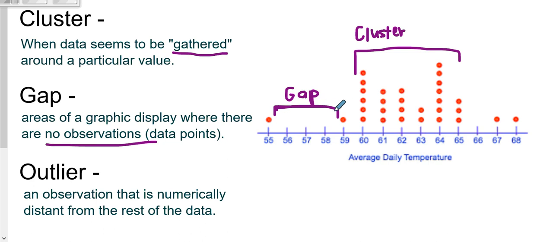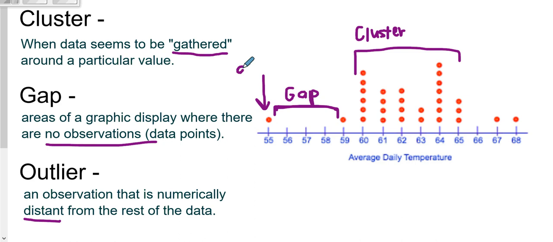Okay, and then the outlier would be an observation that is numerically distant from the rest of the data. And we've talked about that before. You know, if someone is a liar, they're lying to you, you're not going to believe them. They're not accurately telling you the truth. Just like in this data set, 55 right here, this would be our outlier.